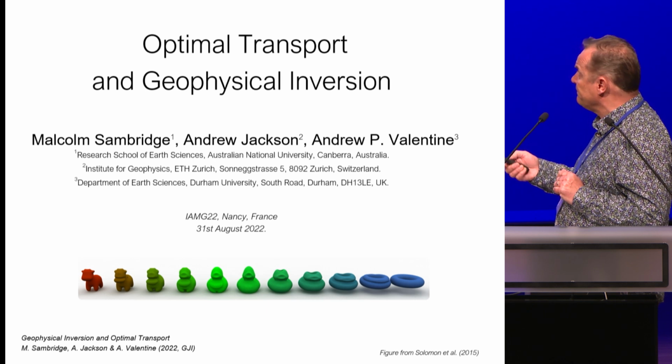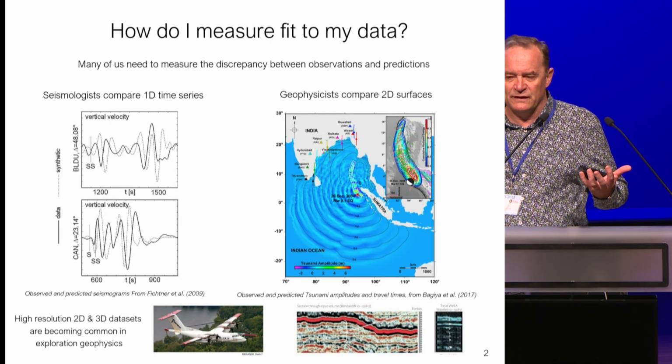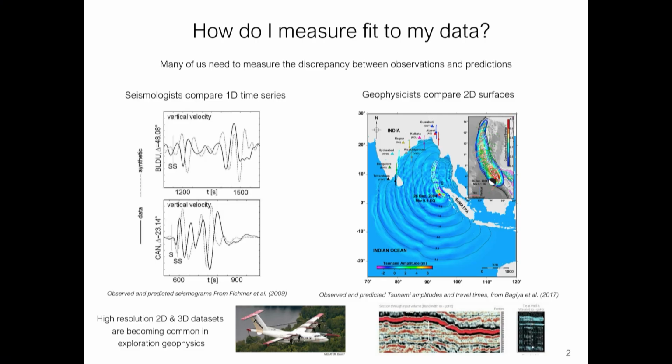Okay, so if you're interested in inverse problems, you inevitably have to have some measure of fit to data. Seismologists on the left-hand side here are often dealing with time series, of course, and they have to measure how well predictions match observations.